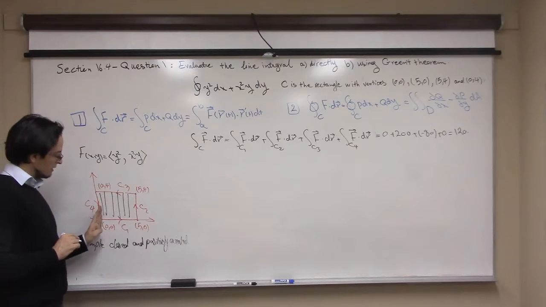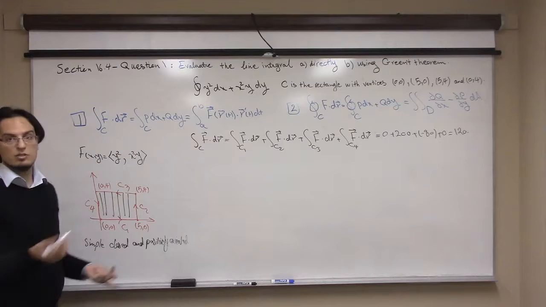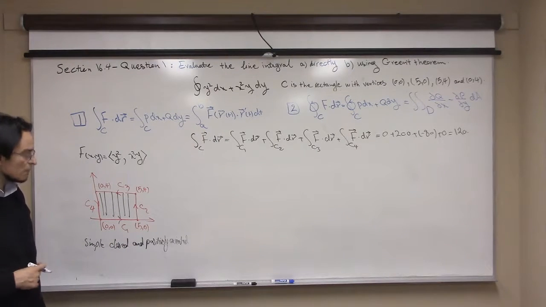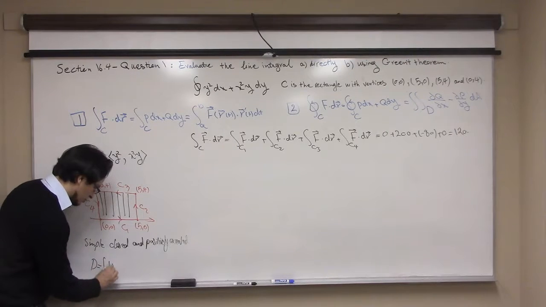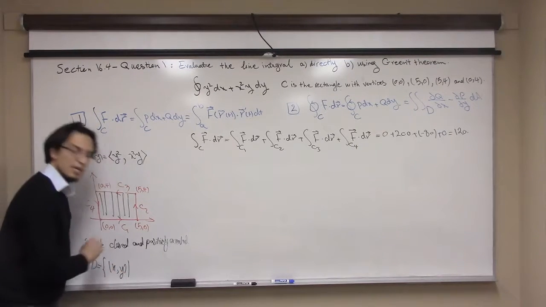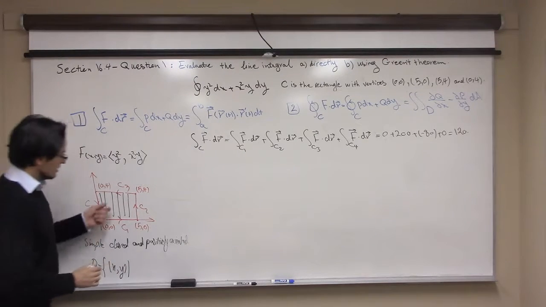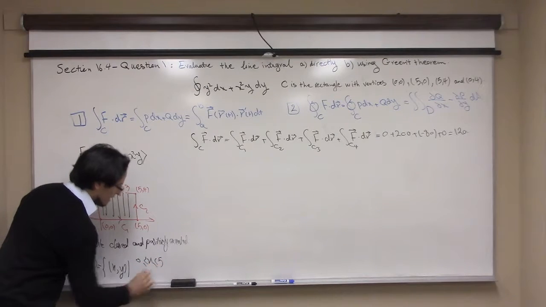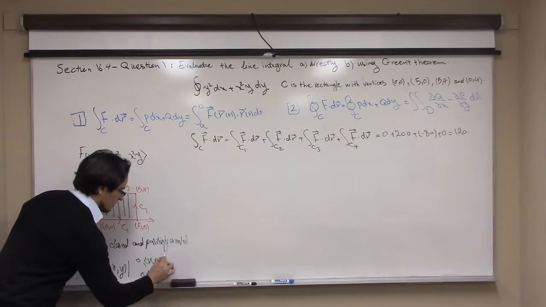So if I move along this, this is my left, left, left, left. So that's positively oriented. Then in that case, you also need to know the region inside the curve. In this case, it is all xy such that x is between 0 and 5 and y is between 0 and 4.